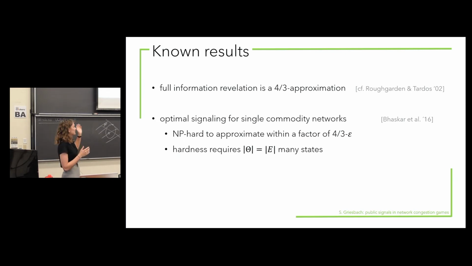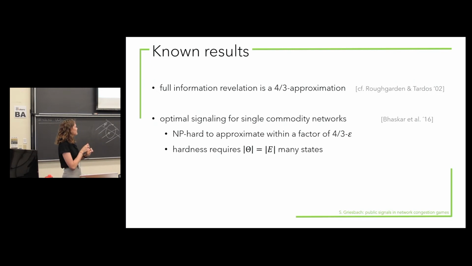So just looking at this already seems kind of tight. So we know we cannot really get better than 4/3, but we can already obtain this 4/3 by just giving full information revelation. But there's two things that I would like to mention here. First thing is this holds for general graphs, but maybe there is a specific set of graphs for which full information revelation is even a little bit better.